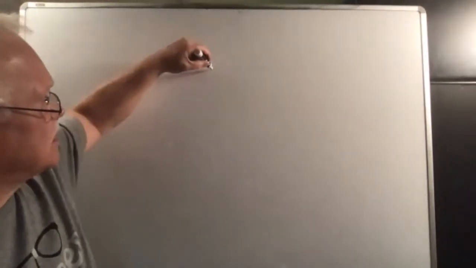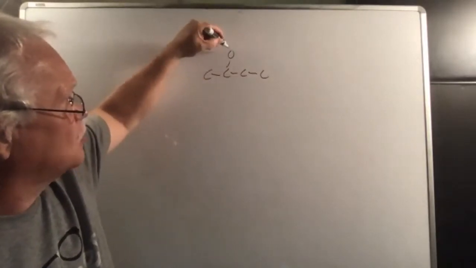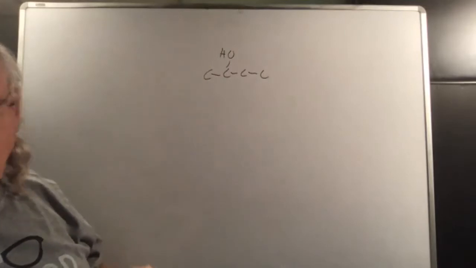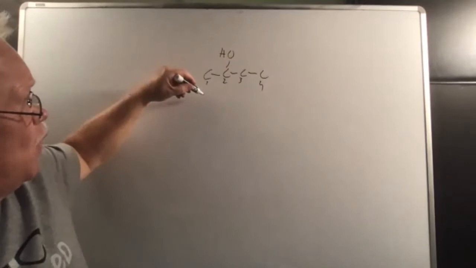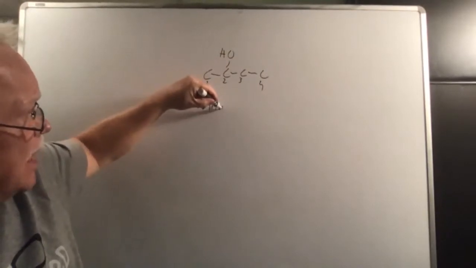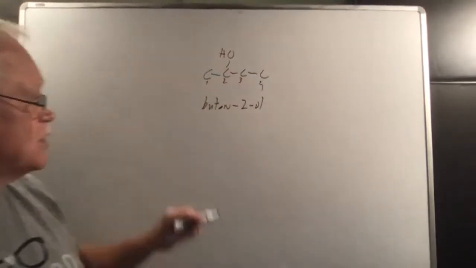So if we had this compound here, and I'm going to go back to the alcohols, we would have named that compound 1, 2, 3, 4. We would have said butane 2-ol. Well, we're going to do the same thing.